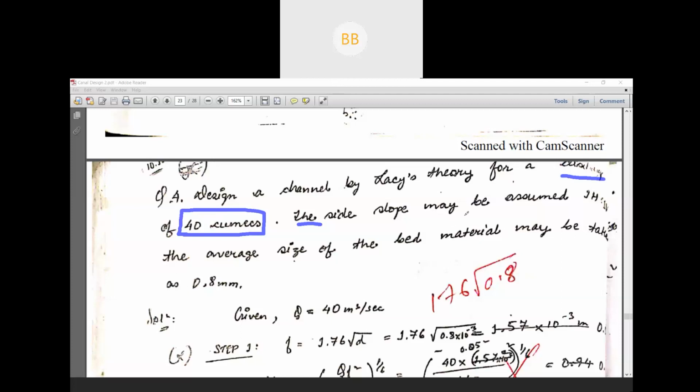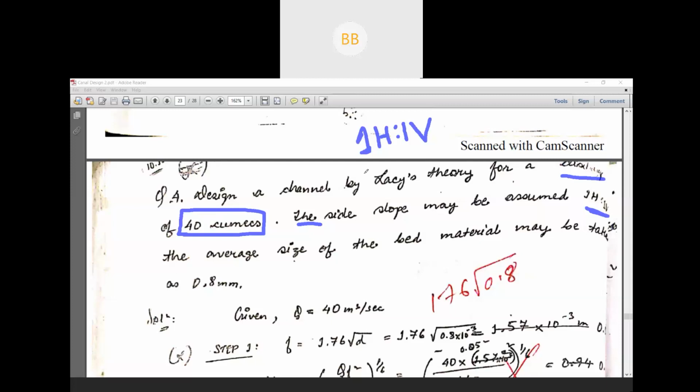The side slope may be assumed as one horizontal to one vertical. That means we are going to consider a trapezoidal channel.